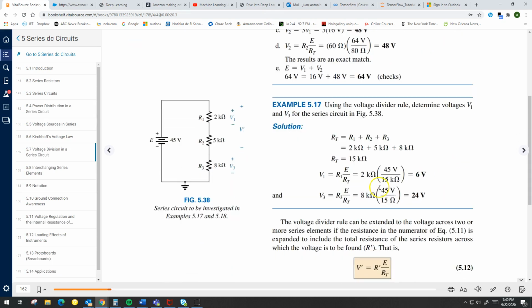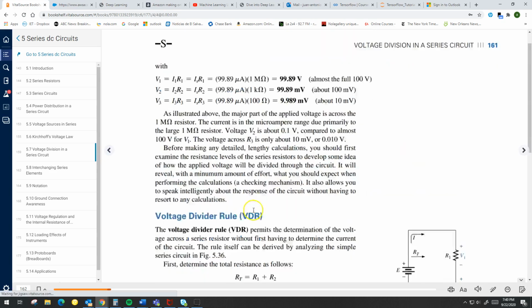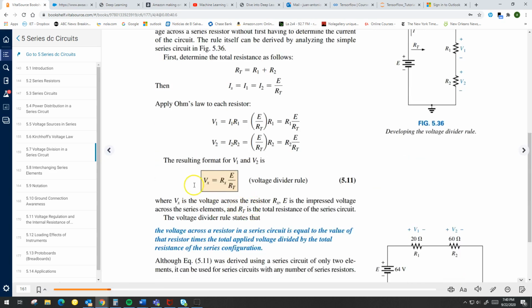Let's do another one. We're going to use the voltage division rule to find V1. Now, again, notice what it is that we know in this circuit. The things that we know are the resistances and the voltage being supplied. So I have everything I need to find V1, because if you look at the equation again, what I need to find V1 will be R1, the total resistance, and the voltage being supplied, right?